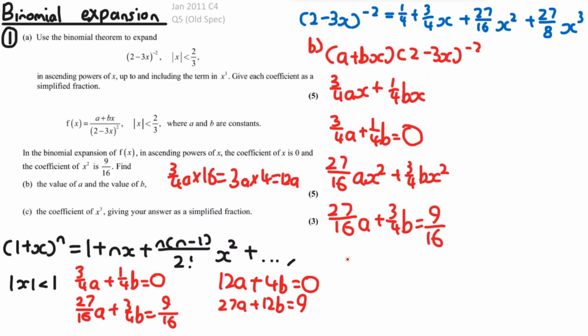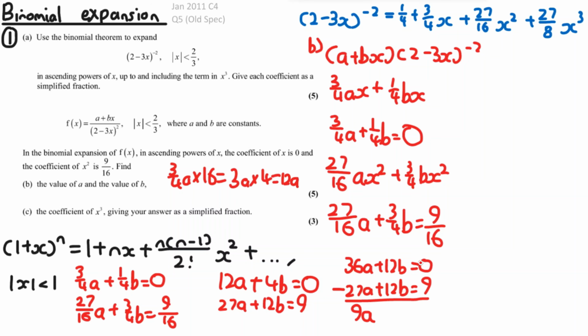So it becomes 36a plus 12b is equal to 0, and 27a plus 12b is equal to 9. And now we have this 12b here, so we can just minus this simultaneous equation from this one. So it's going to give 9a, and then the 12b is going to cancel out, and then it's going to be 0 minus 9.